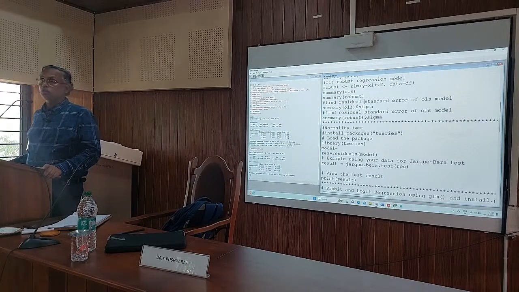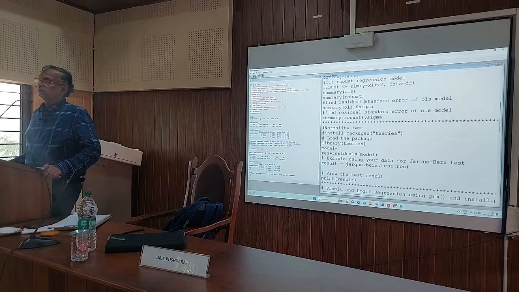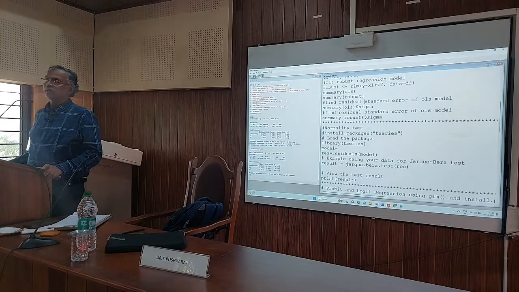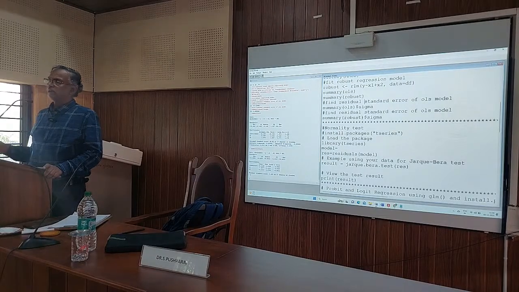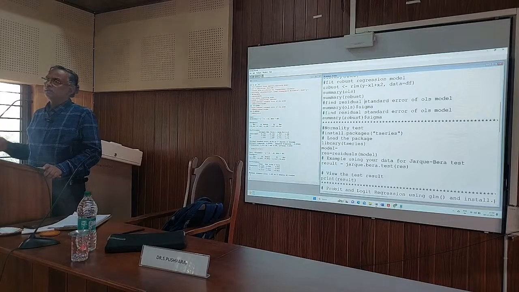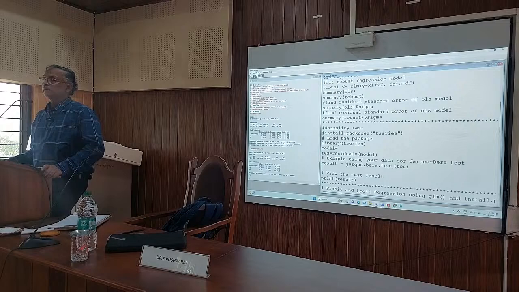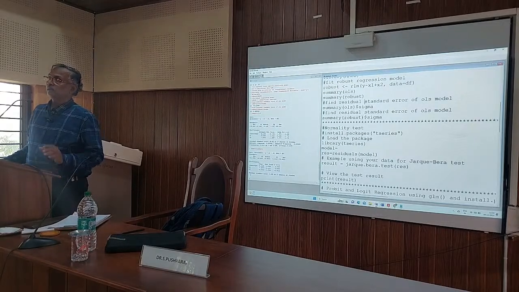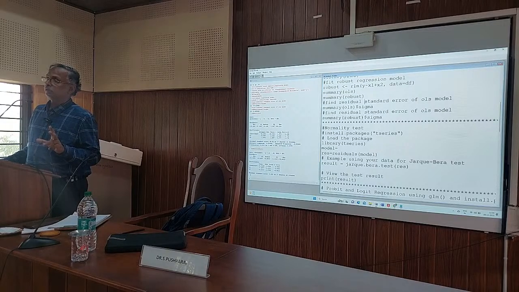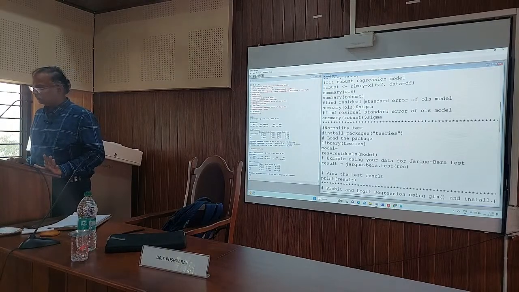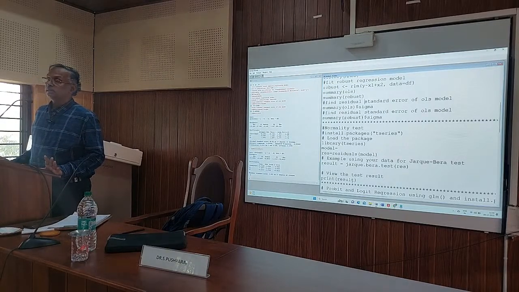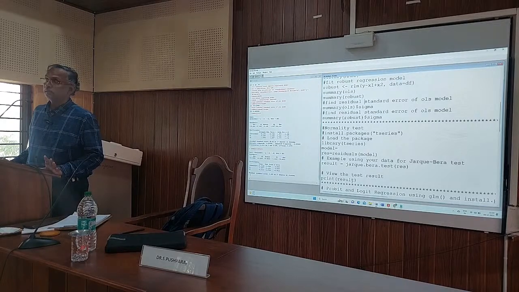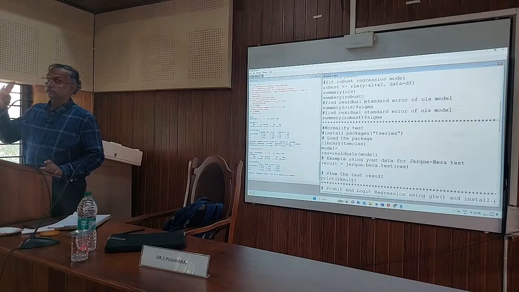Some statistical tests are also available. We all know that a normal distribution has distributional characteristics, for example skewness and kurtosis. Skewness is 0 and kurtosis is 3.